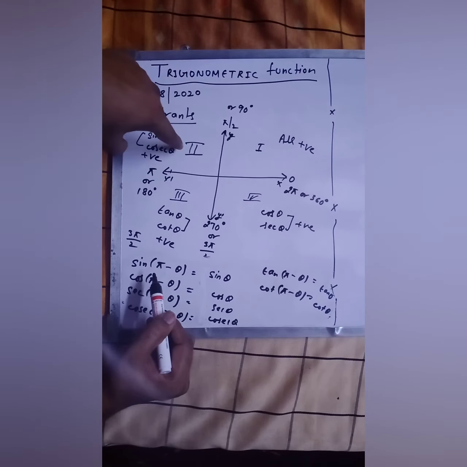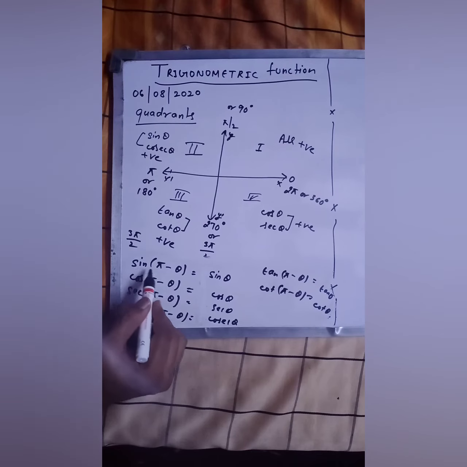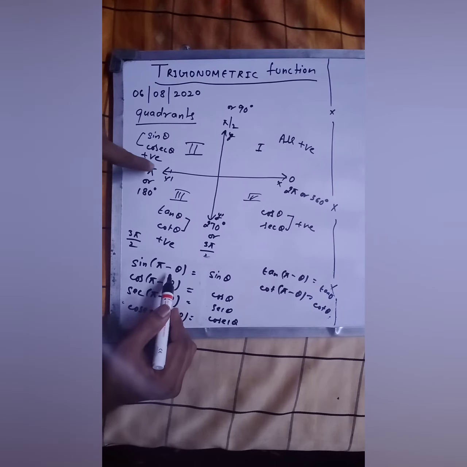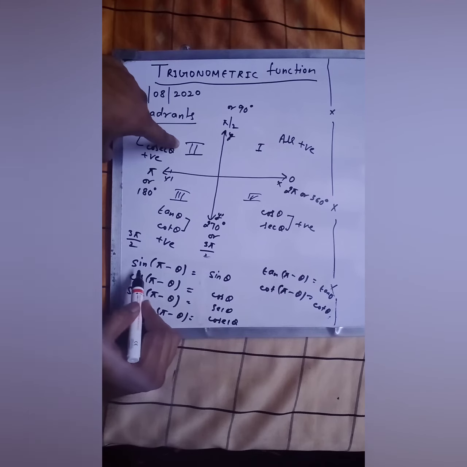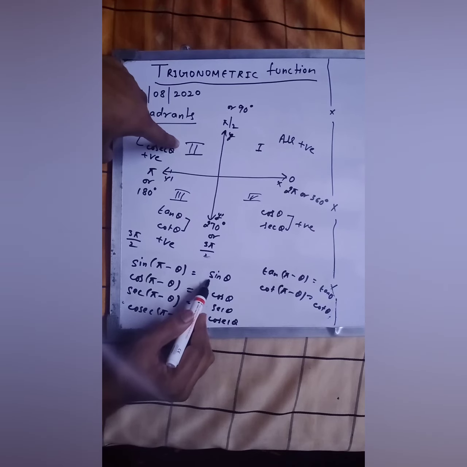So here, sine of 180 minus theta lies in the second quadrant. So this is your sine theta. And it is positive in this quadrant, so the answer is positive.